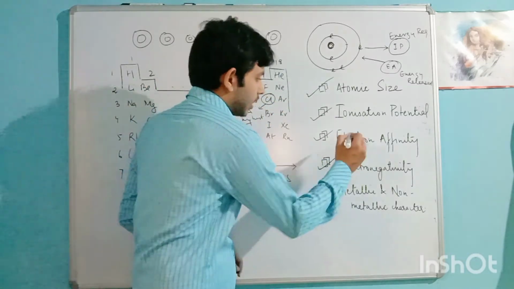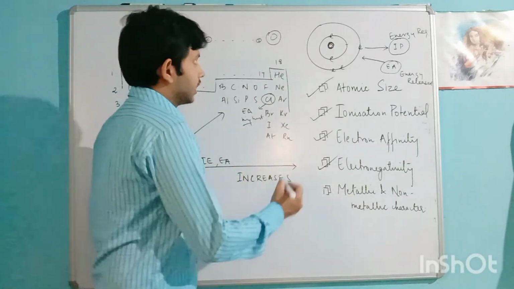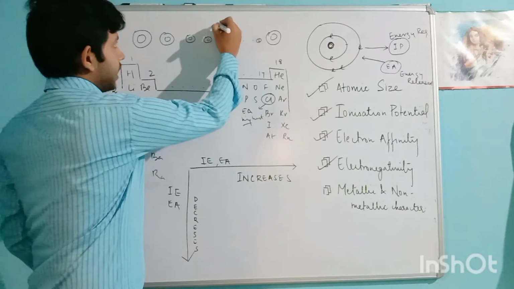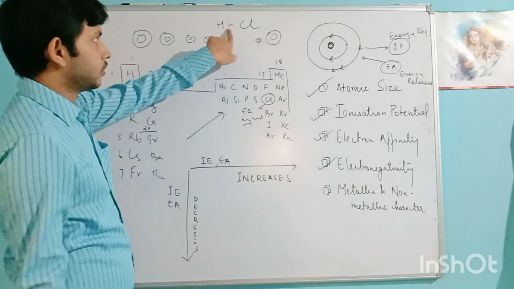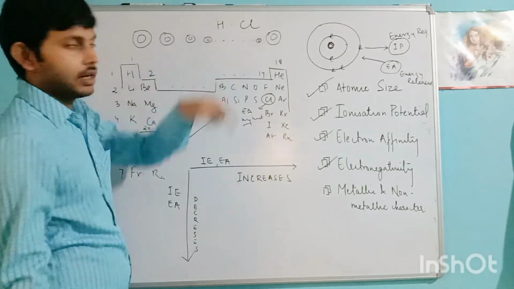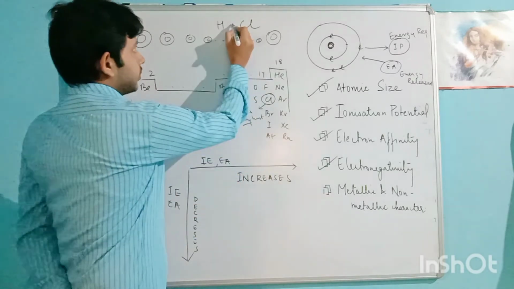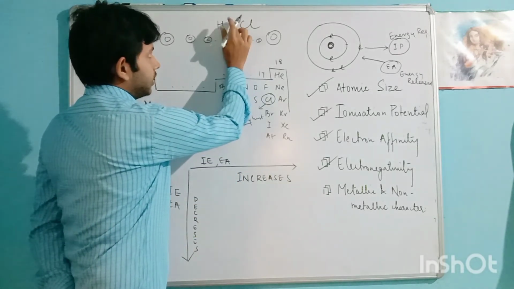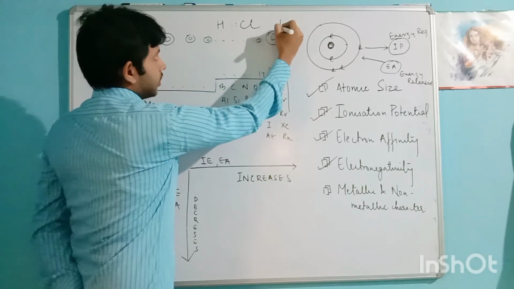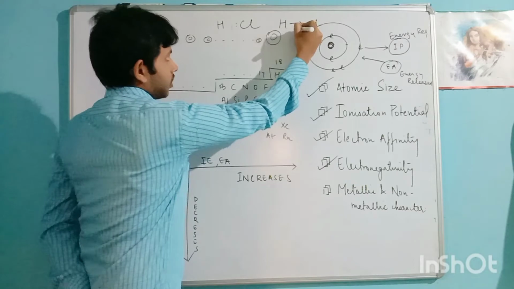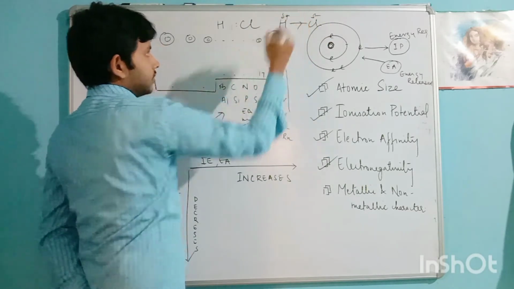Now, what is electronegativity? Let's take an example. For example, we have HCl. Okay, there are two electrons between the hydrogen and chlorine atom, but it is seen that it remains not exactly in the middle, but slightly towards chlorine, making it slightly negative charge and this slightly positive charge.